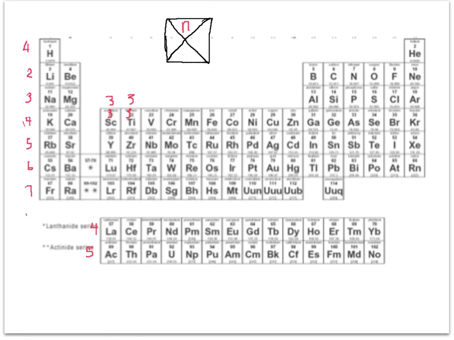Now our azimuthal quantum number, L. Everything in the S sublevel we said is 0. So our values here will be 0, 0, 0, 0. And remember, this one here is actually in the first energy level, so it would be S, so it would be 0. But the P's will be 1, 1, 1, 1, 1, 1.